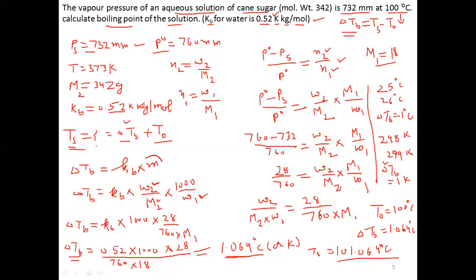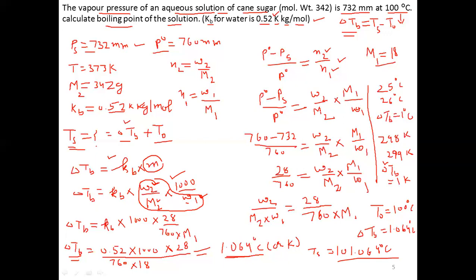In order to calculate molality, we have to take the help of the first part, the vapor pressure of the aqueous solution. So I used the relation delta TB is equal to KB into m and put in the expression of molality, which is W2 by M2 into 1000 by W1. Now from the data, the vapor pressure of the solution and the vapor pressure of the pure solvent, I calculated W2 divided by M2 into W1 like this.